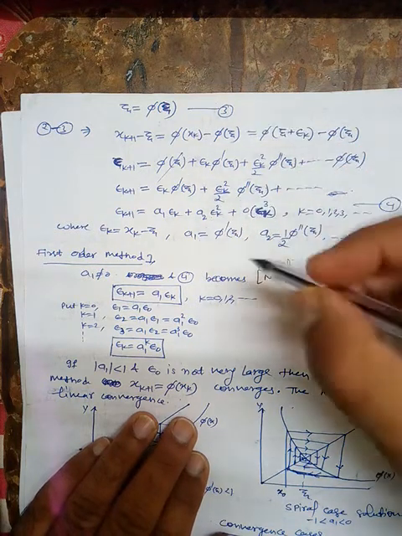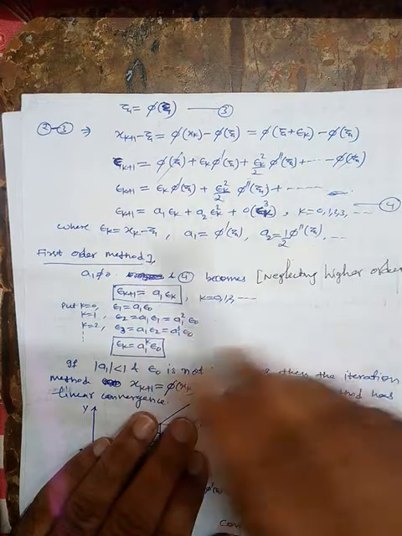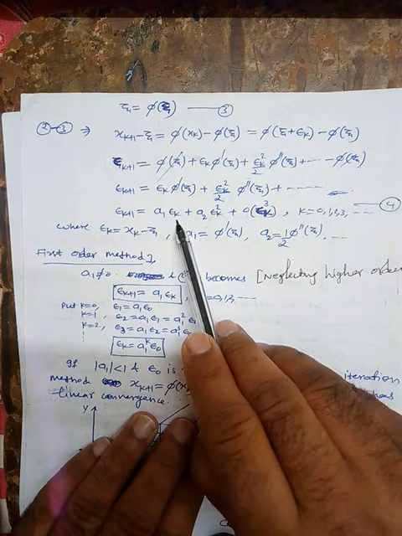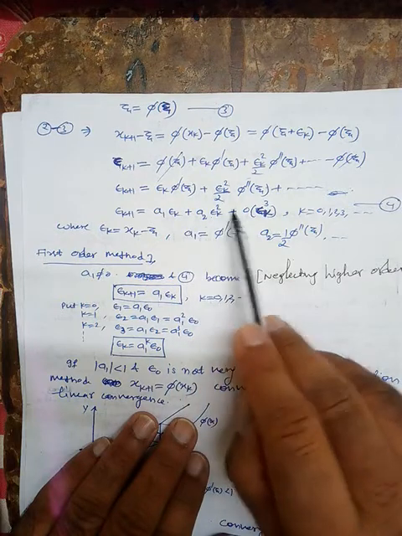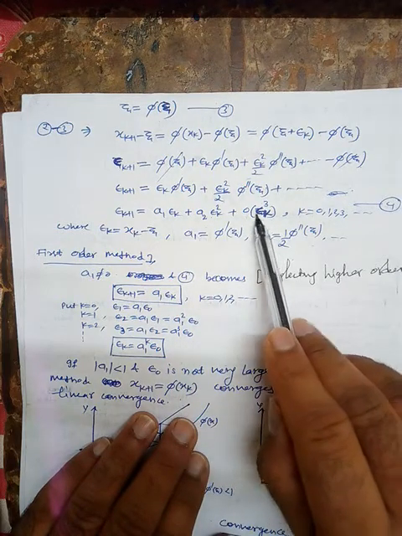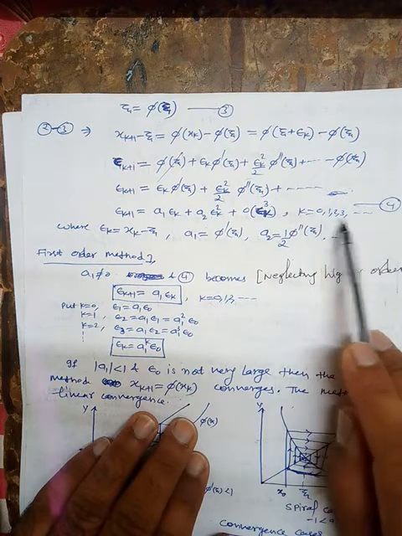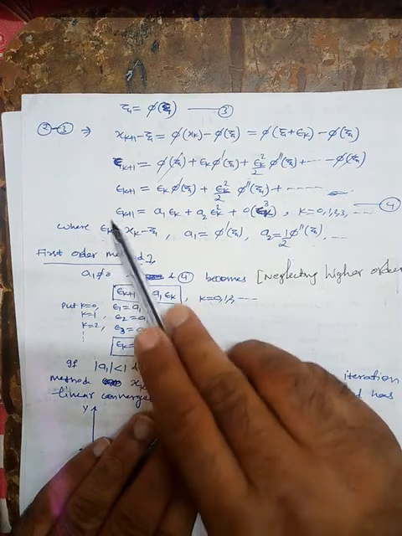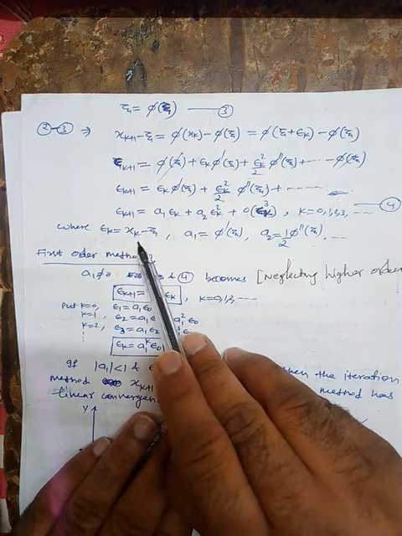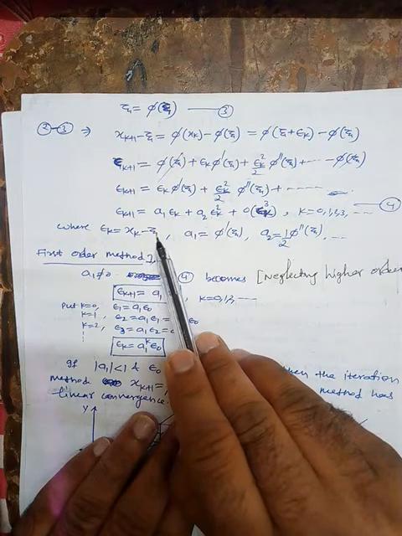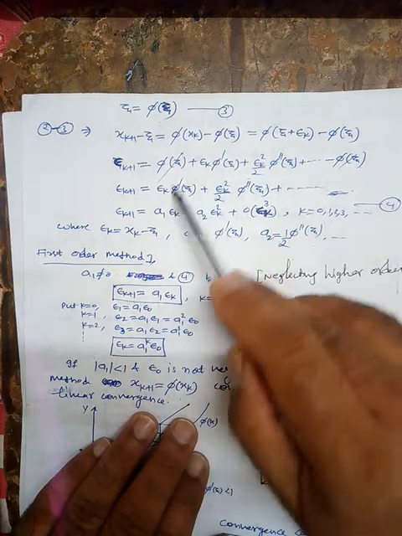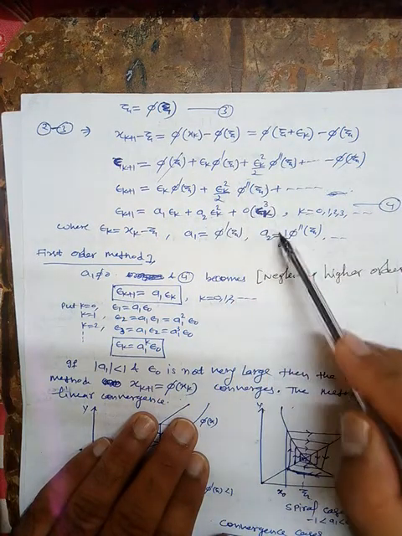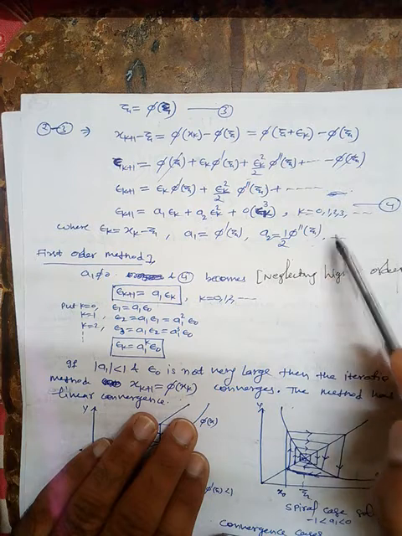So the equation can be rewritten as epsilon k plus 1 is equal to a1 epsilon k plus a2 epsilon k whole square plus higher order terms, order of epsilon k cube, where k is 0, 1 and 2. What is epsilon k? Epsilon k is the error in the kth iterate, which is nothing but xk minus xi. What is a1? a1 is this phi dash xi. What is a2? a2 is this quantity 1 by 2 phi double dash xi and so on.